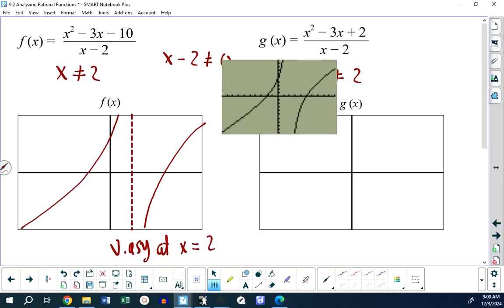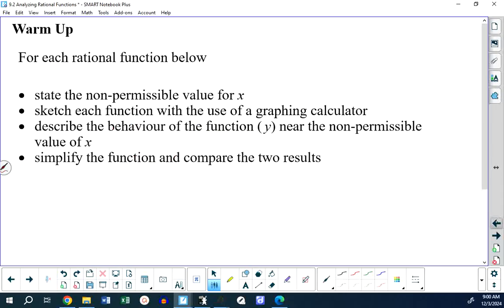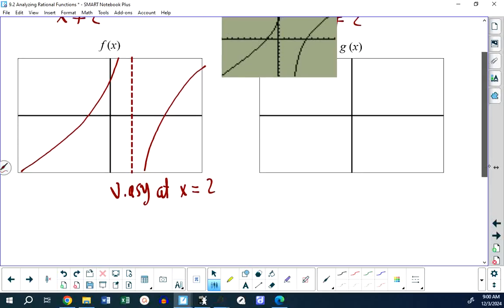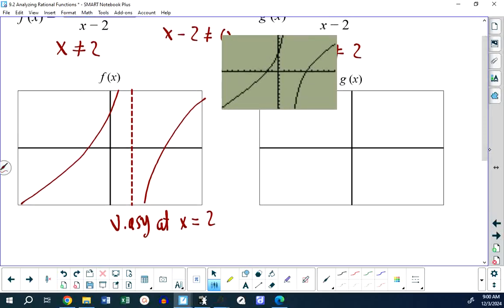And the other thing we were asked, if you go back and you look, we've sketched the function. We've stated the non-permissible value. We've yet to get to the point where we can compare, but we're asked to describe the behavior of y near the non-permissible value. So what we can put here for this one is, as x approaches 2, the function approaches plus or minus infinity.